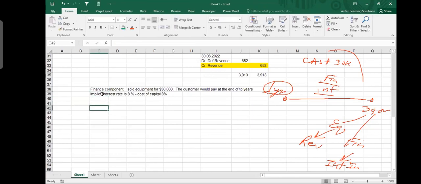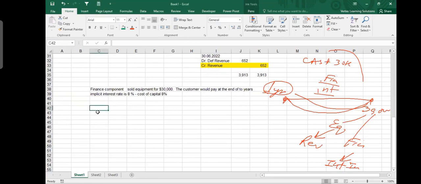So it means that this 30,000 which I'm going to receive at the end of 2 years, I actually need to discount it back to year zero. So how do we discount that? We know discounting and compounding.